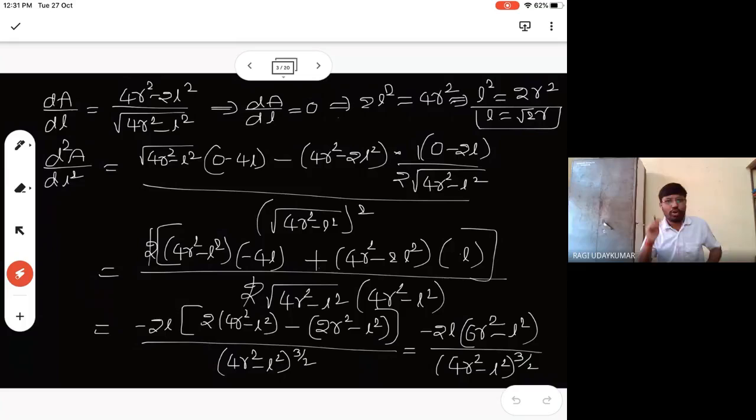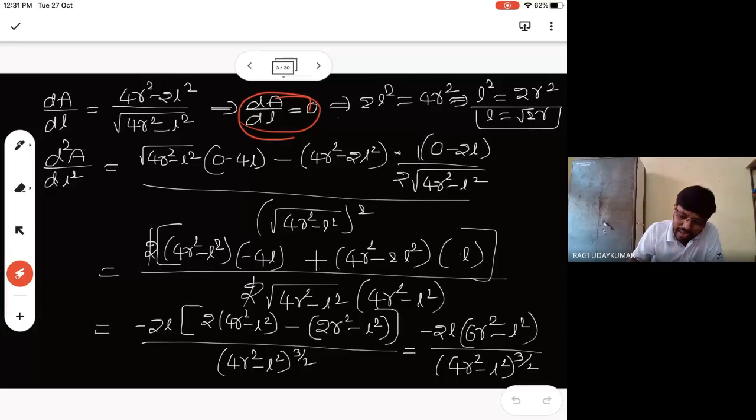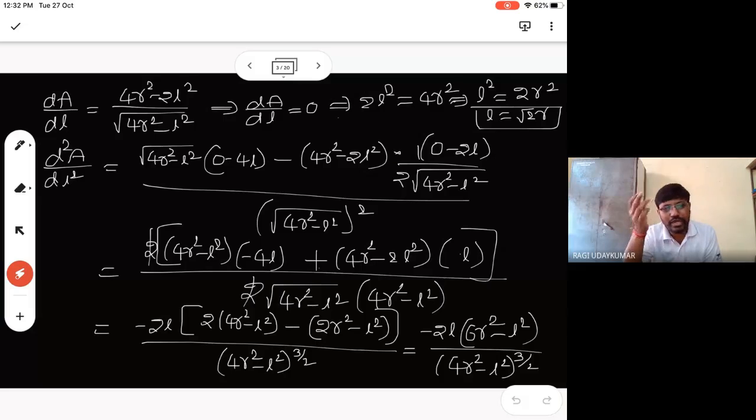Normally you should do it, but applying logic, at that one place only it is going to have the maximum. Suppose you take dA by dL equal to 0 and get 2 values of L, then there is a doubt that one place may be maximum and the other place may be minimum.